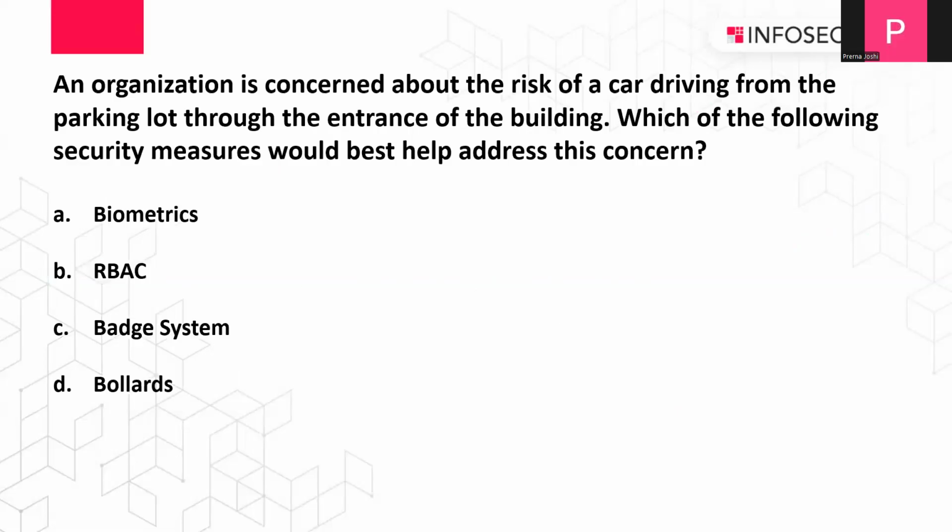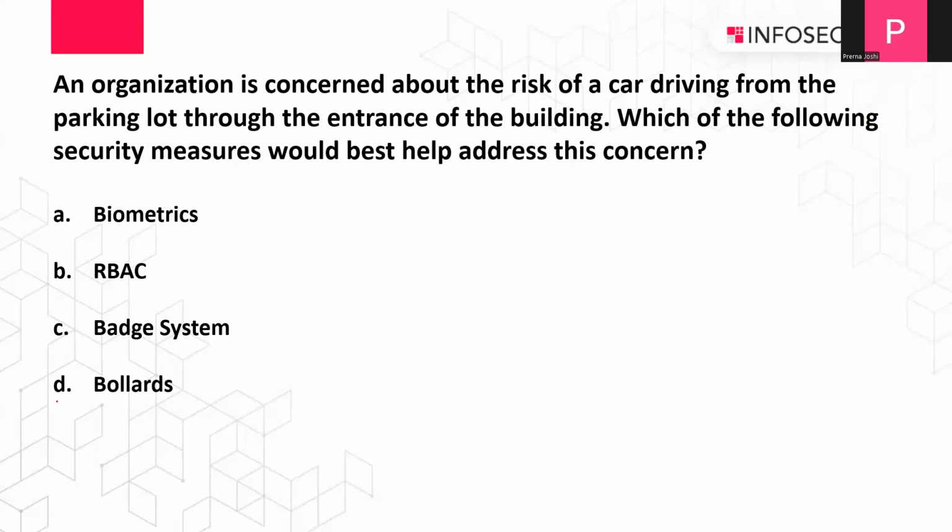The next question says, an organization is concerned about the risk of a car driving from the parking lot through the entrance of the building. Which of the following security measures would best help address the concern? We have biometric, role-based, badge system, and bollards.